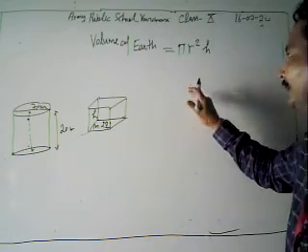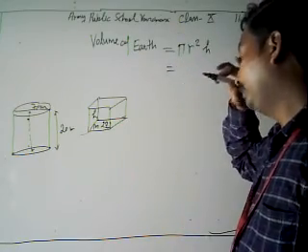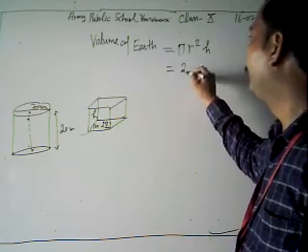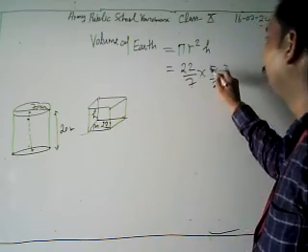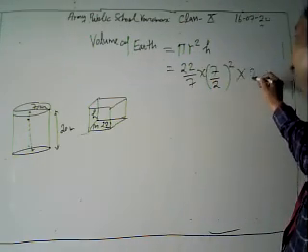Here we have 22 by 7, r is 7 by 2 because 7 is the diameter given, and h is 20.